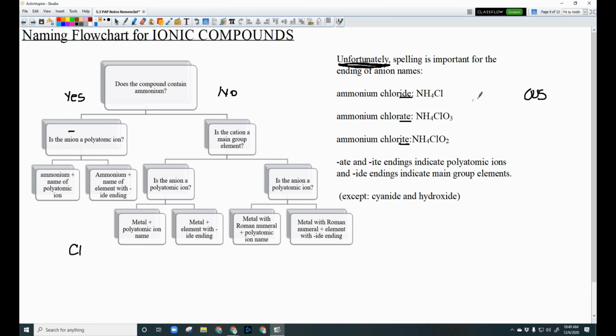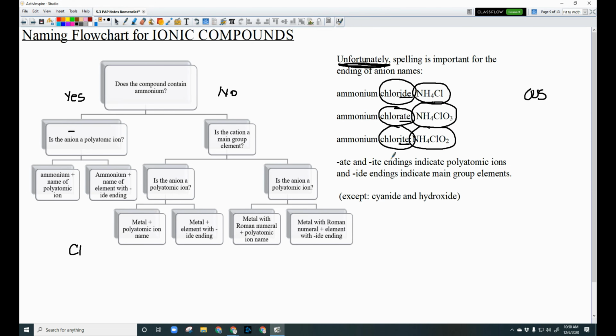I know I usually don't say spelling counts, but in this case, spelling does have to count, because whatever the ending is tells you what the formula is. So be very, very careful on the spellings of those.